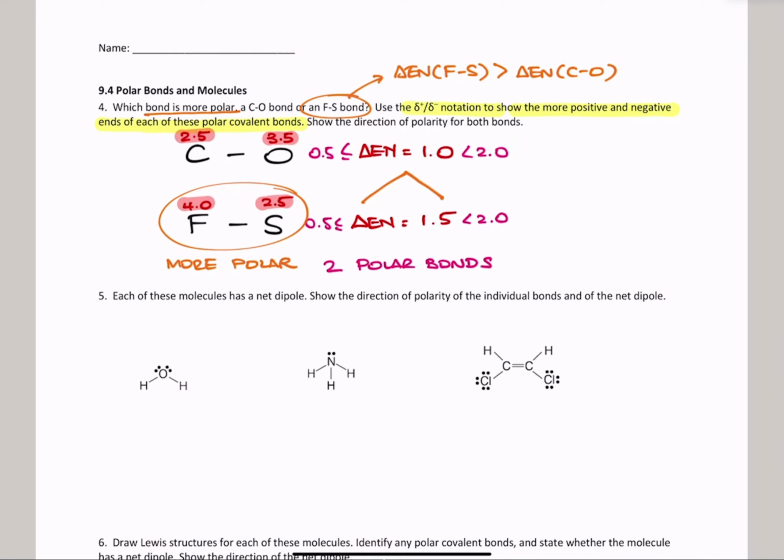Remember that delta minus goes to the higher EN, and the delta plus on the other side. To show the polarity of the bond, we use an arrow from the least to the more electronegative atom. This arrow will be smaller than that one because the delta EN of FS is greater than the delta EN of CO, and this is proportional.